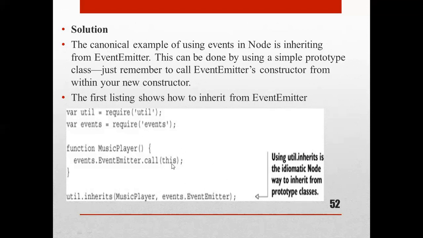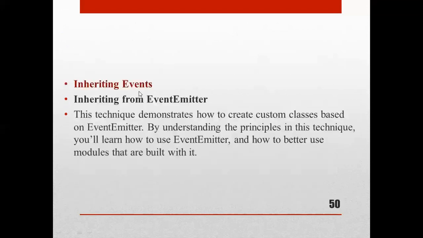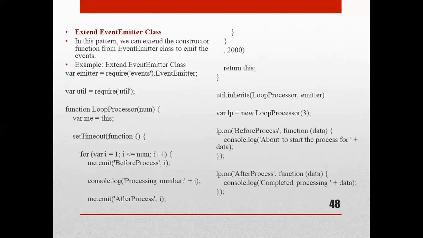For inheriting events, we have seen the best example for this inheritance. Here we have to import the utility module by using the require function, and use util.inherits with the constructor function name and the event emitter that we are going to use.